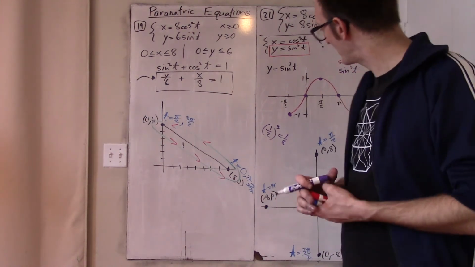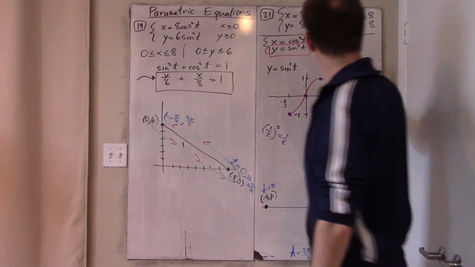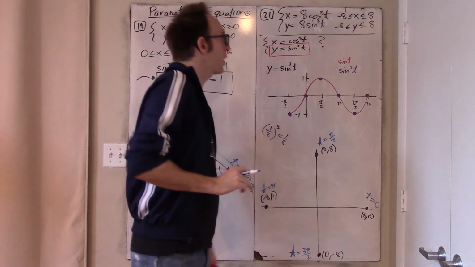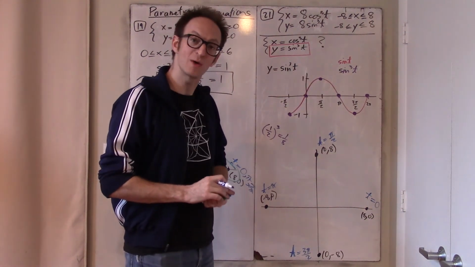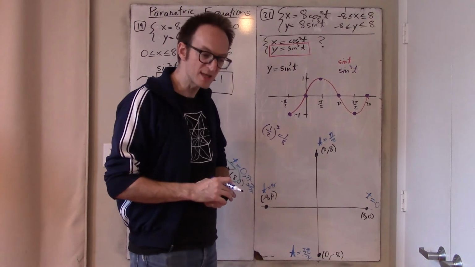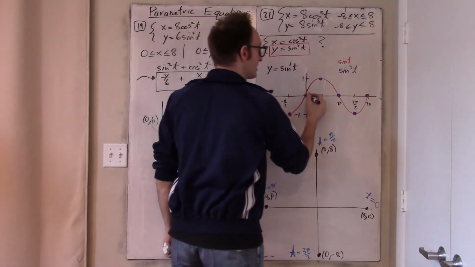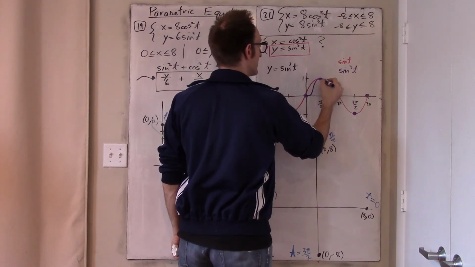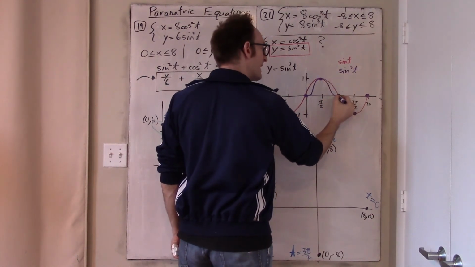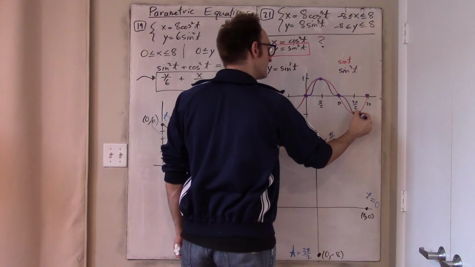And now that I realize that, I see that sine cubed is going to, relative to sine, always be smaller. It will have y coordinates which are in general less than the corresponding y coordinates on the sine curve.